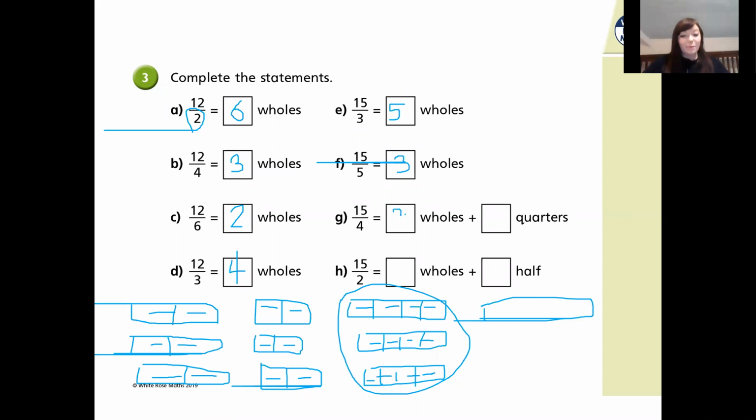So you can make 3 wholes and you're left with 3 quarters. For 15 halves, the closest is 14. 14 divided by 2 is 7. And then I'm left with 1 more.